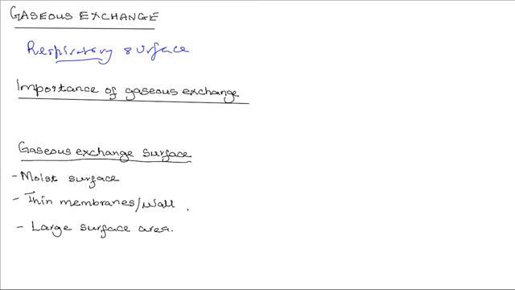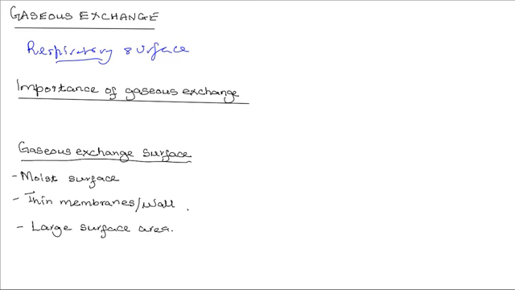Now, living organisms constantly require gases for certain metabolic reactions, and they do also produce gases either as products, byproducts, or waste products from these metabolic reactions.